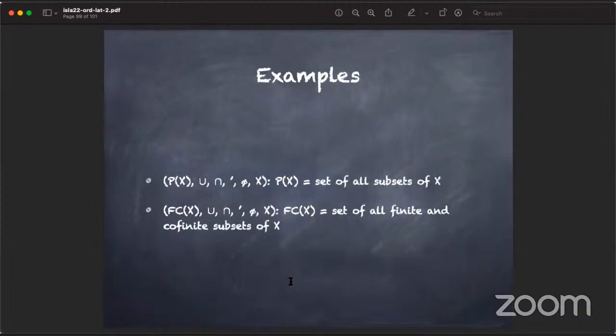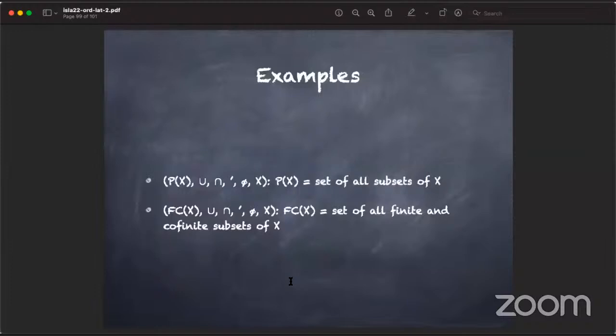Now, if you consider all finite and cofinite subsets of X, with union, intersection, complementation, the empty set and X, then also you will get a Boolean algebra.